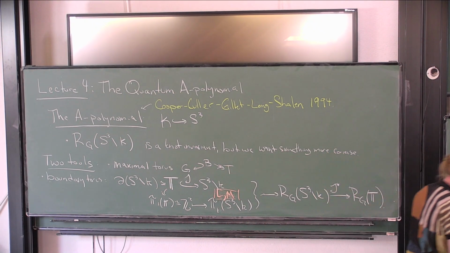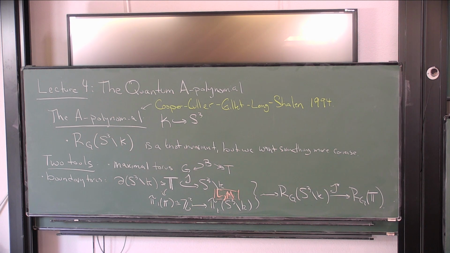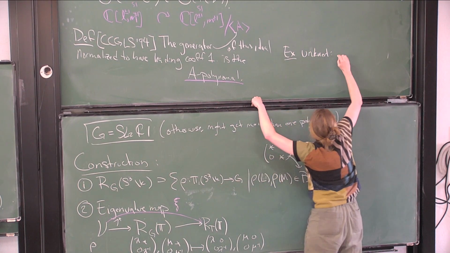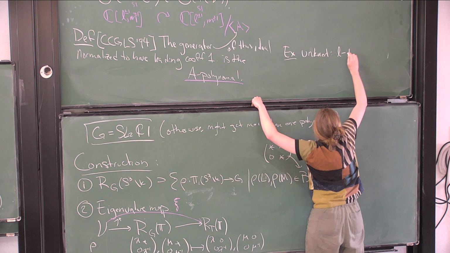So here it is. I moved the board, but let me just write down a couple of examples of what these look like. For the unknot, this will look like L minus 1.